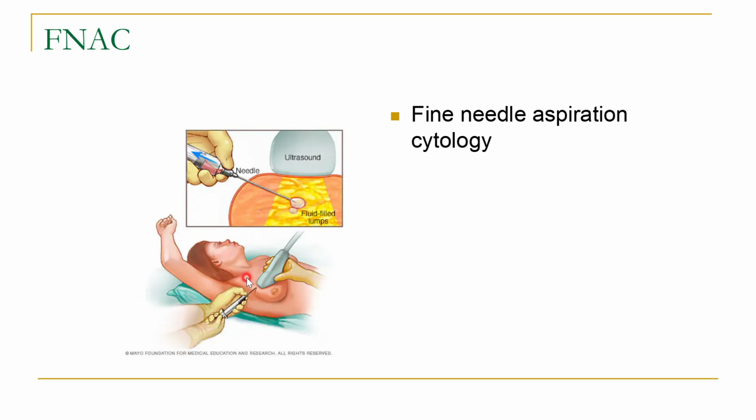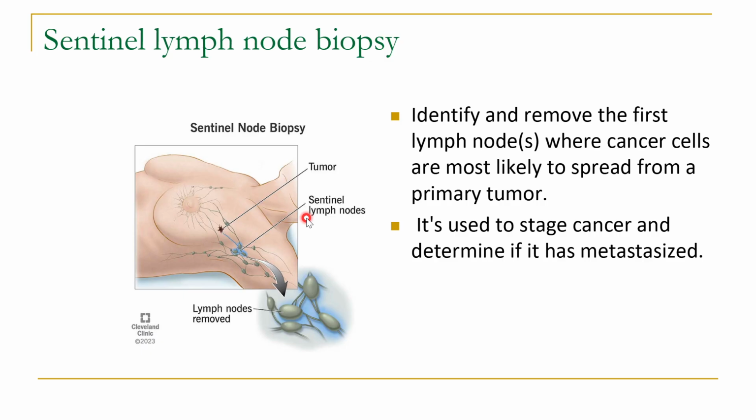Coming to the FNAC or fine needle aspiration cytology, here a fine needle is passed through the lump and the fluid or the tissue is collected, and it is processed and we see under the microscope for any cancer or a benign condition. Sentinel lymph node biopsy is to identify and remove the first lymph node where cancer cells are most likely to spread from a primary tumor.